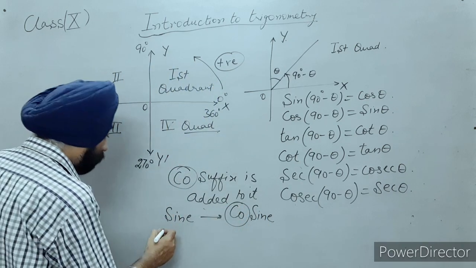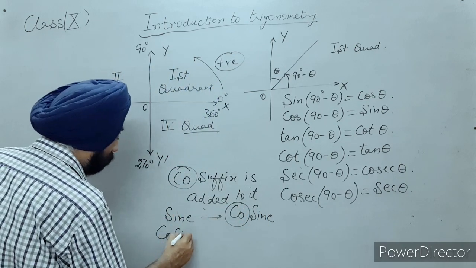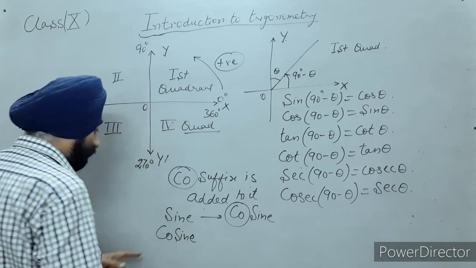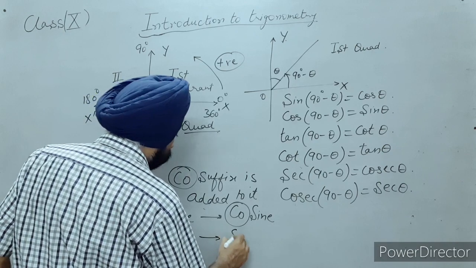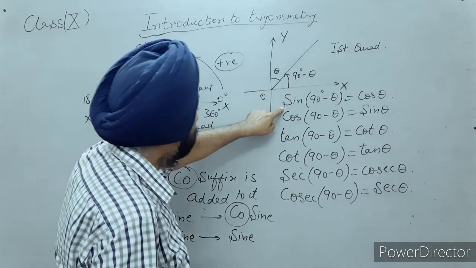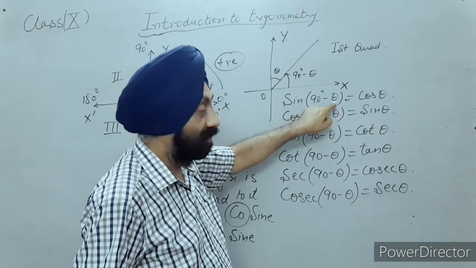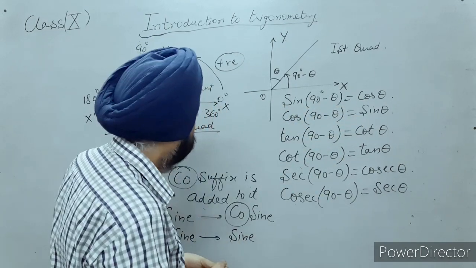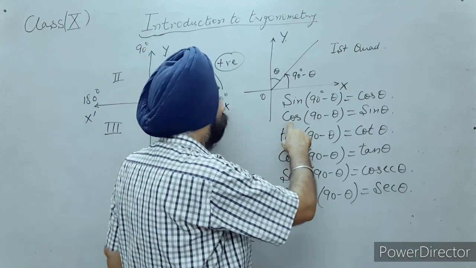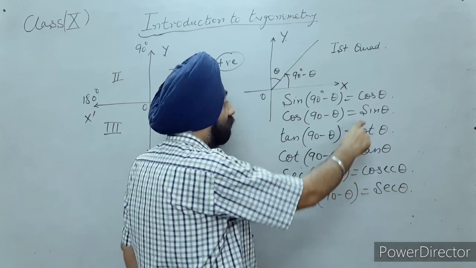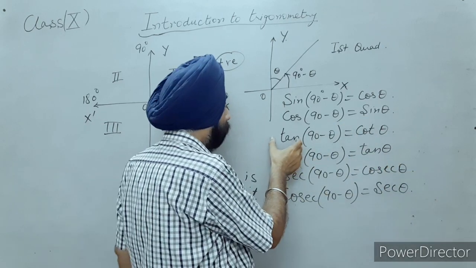If the co suffix is already there, like cosine of theta, then it becomes sine of theta. Sine of 90 minus theta, co suffix is added, it becomes cosine theta. Cosine of 90 minus theta, the co suffix is removed, we get sine of theta.